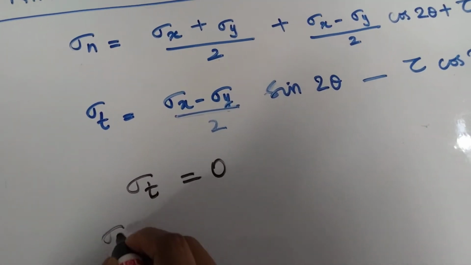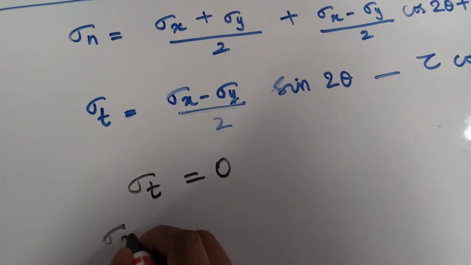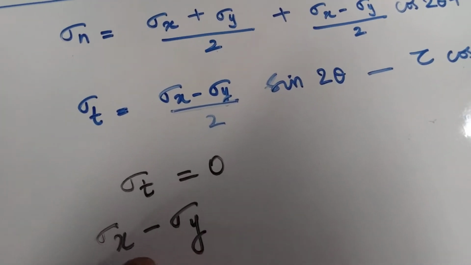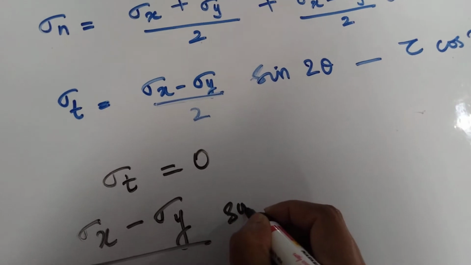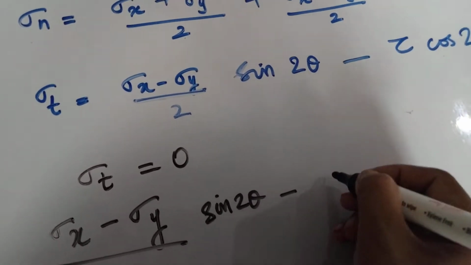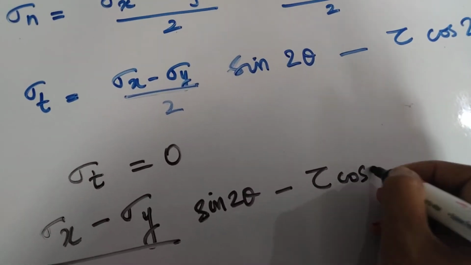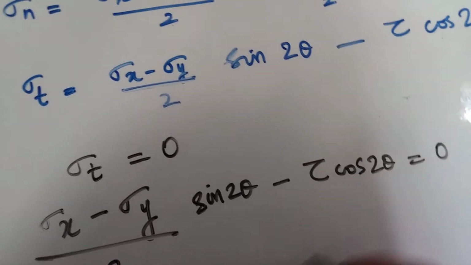Substituting sigma t equal to 0, we get (sigma x minus sigma y)/2 sin 2 theta minus tau cos 2 theta is equal to 0.